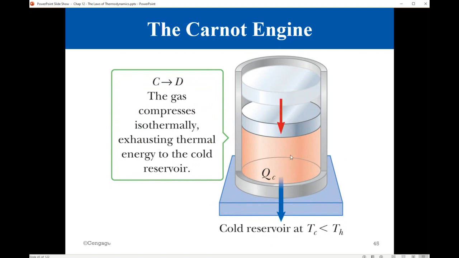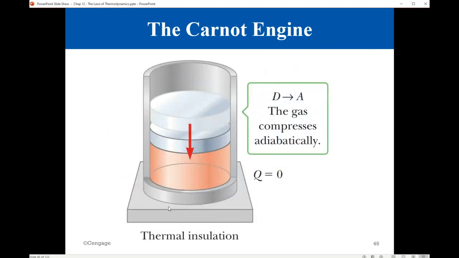Then in the third segment, it goes from C to D. The gas compresses isothermally, exhausting thermal energy to the cold reservoir. The temperature of the cold reservoir is less than the temperature of the hot reservoir. And in the fourth segment, the gas compresses adiabatically, going again from D to A. Adiabatically means Q is 0.